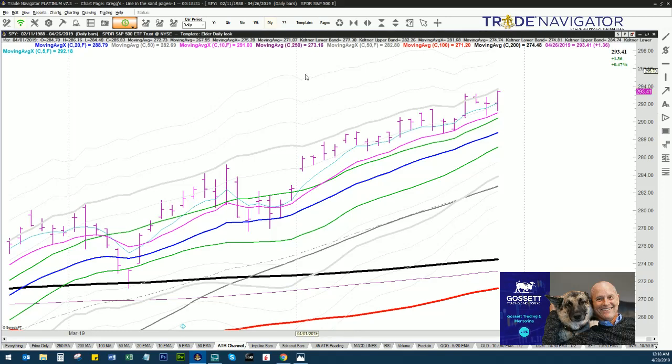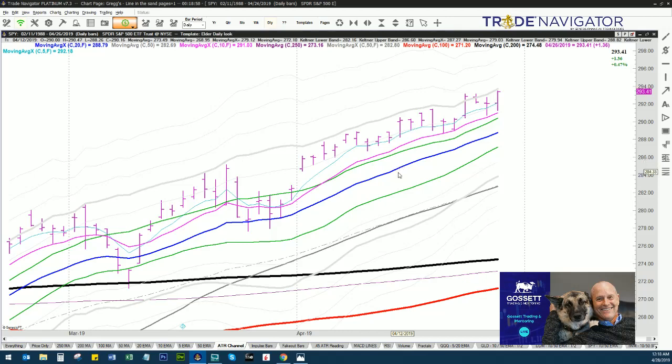And then the 6 ATR channel here, sometimes prices do get to the 6 ATR channel. It's very infrequent, but it does happen. And when prices do get to those levels, I consider that an extreme, and I may look for a trade back in the other direction.